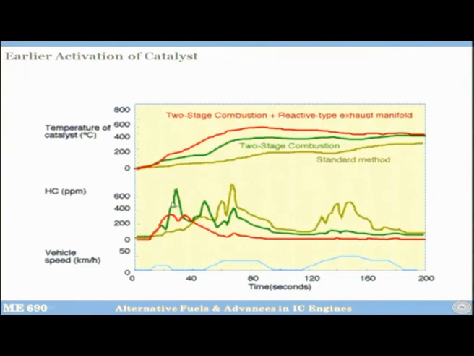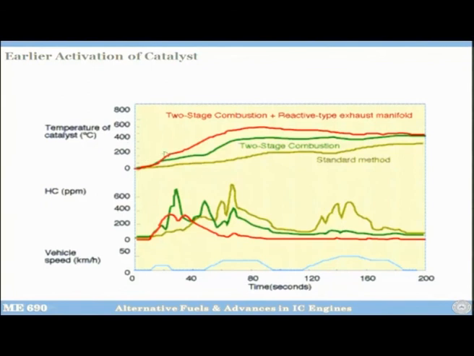So, this green line you see HC emissions are very high and it comes down here. So, around 100 seconds instead of 180 seconds, now within 100 seconds the HC emissions are controlled, right. Then what you do is you have now put reactive type manifold also, that okay, you have slowed it down and you allow a little bit extra air so that the combustion reactions are more complete.